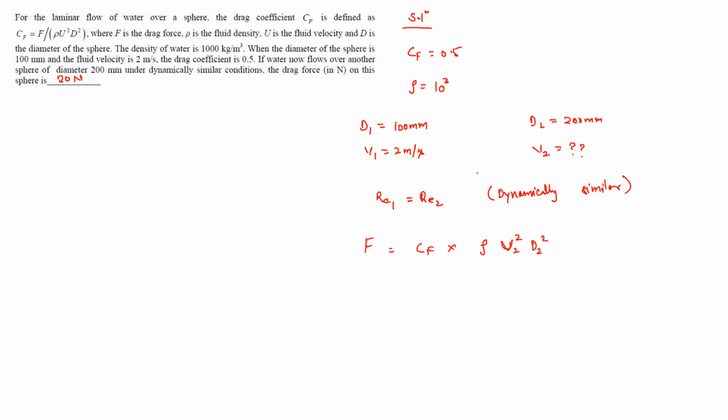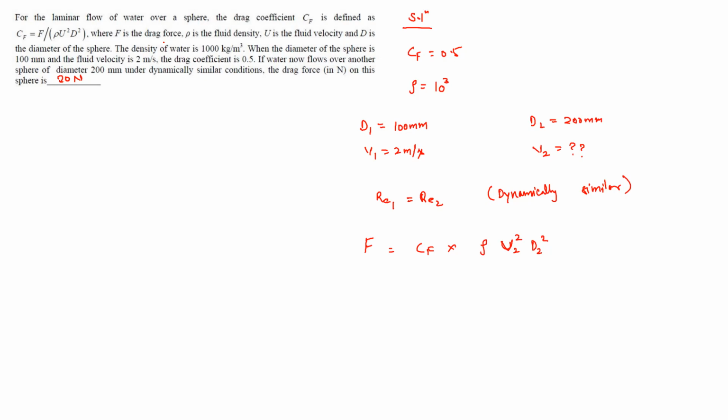So you have no choice as to what to assume for the drag coefficient, because the drag coefficient will depend upon the surface of your body, the surface friction, and the roughness of the body. Since they have not specified anything, the best option is to take CF to be the same for the model as well as the prototype.